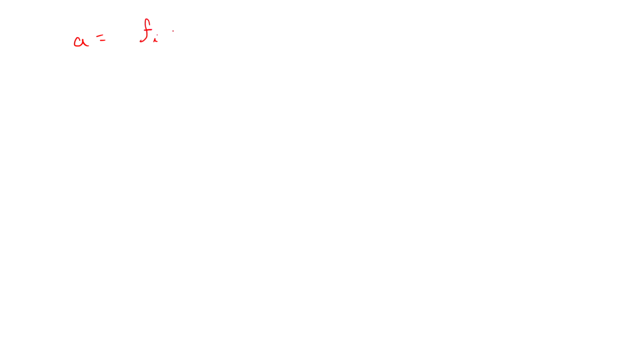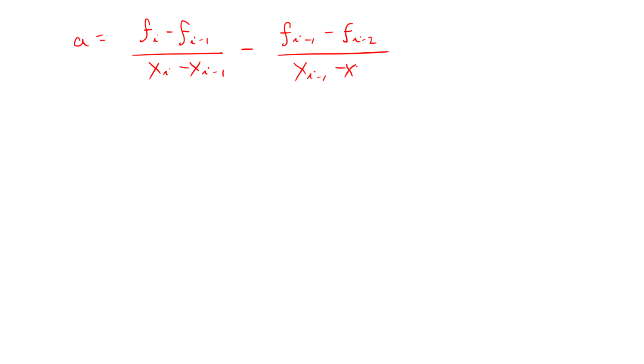of xi minus f of xi minus 1 upon xi minus xi minus 1 minus f of xi minus 1 minus f of xi minus 2 upon xi minus 1 minus xi minus 2.